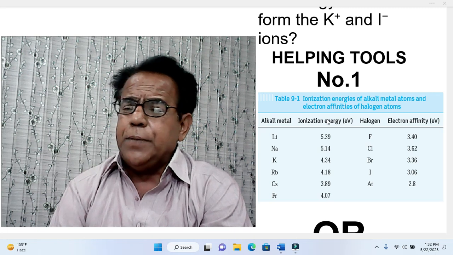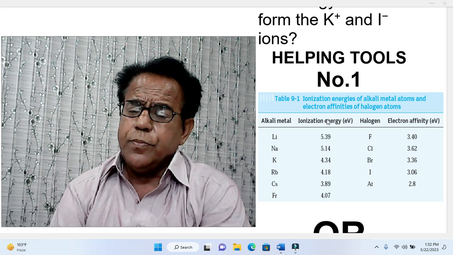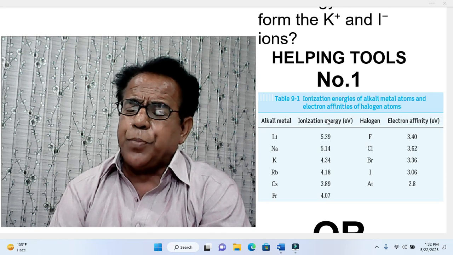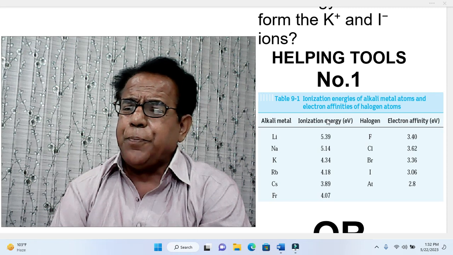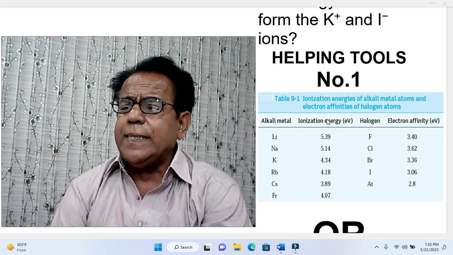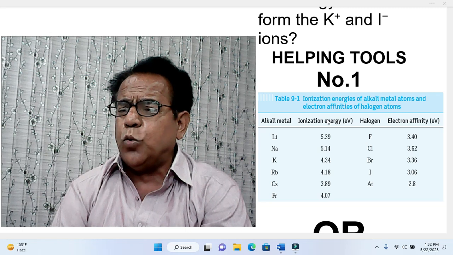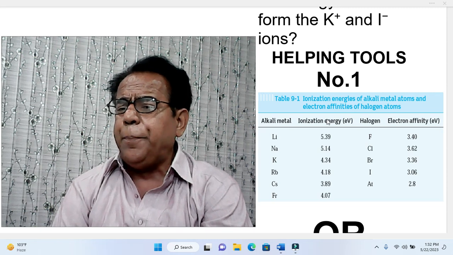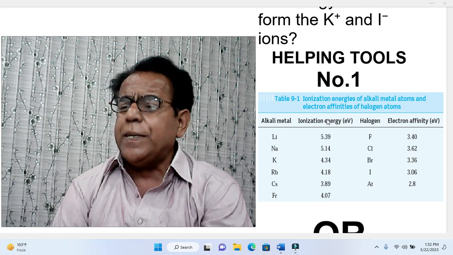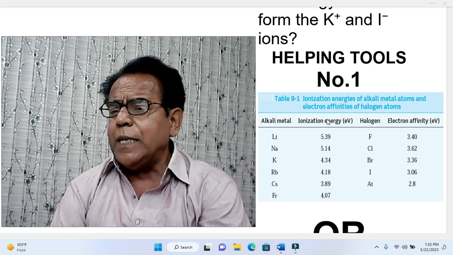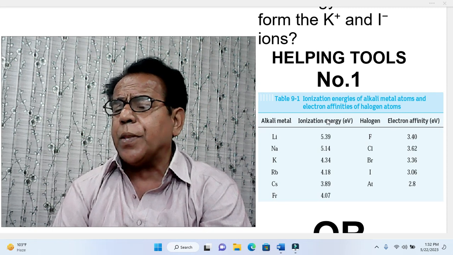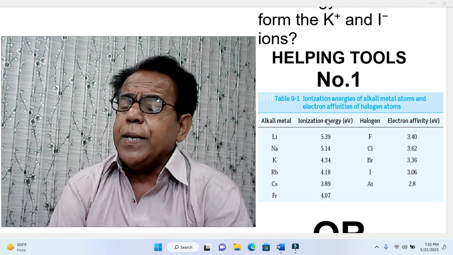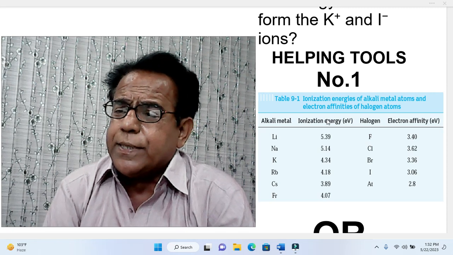Helping tool number 1. Dear students, here in the third row, potassium is given, its ionization energy is given as 4.34, while in the fourth row, second column, iodine is given and its electron affinity is given as 3.06 electron volt.